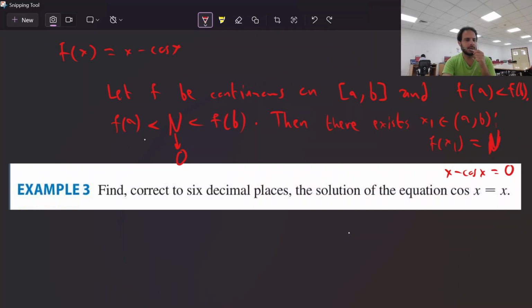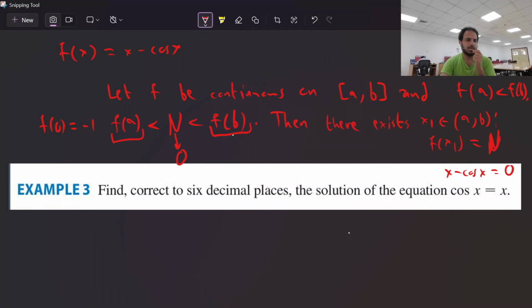I want a negative result here, because what are the numbers less than 0? Negative numbers, right? Now compute f(0). f(0) equals 0 minus cosine 0. But what is 0 minus cosine 0? Minus 1, right? So this is good.